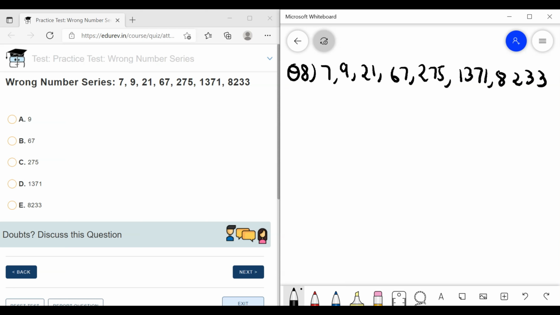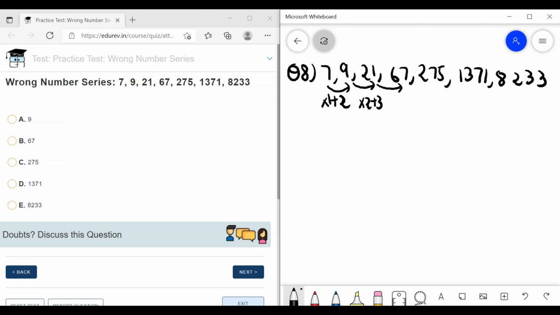So now the question is, first of all, how do we go from 7 to 9 if it's a multiplicative series? Now you can multiply it by 2 and then minus 5, but that seems like a lot of things to do. What about times 1 and plus 2? What about 9 to 21? Isn't this just times 2 plus 3?